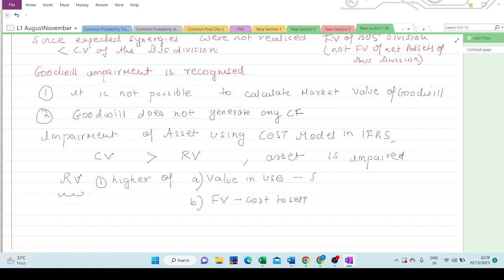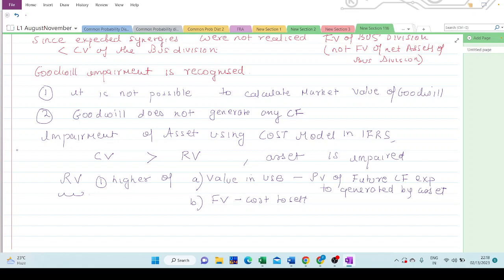What was value in use? Present value of future cash flows expected to be generated by the asset, right? So this was how we tested for asset impairment under IFRS using cost model.